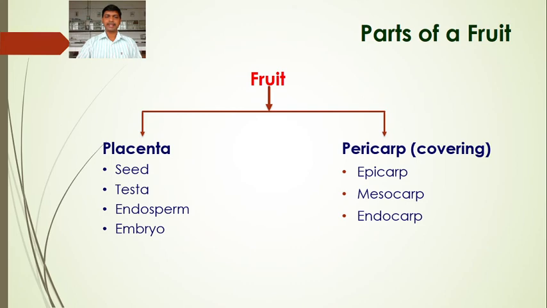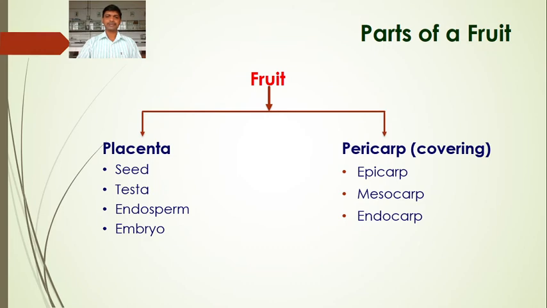The placenta bears the fertilized ovule, that is the seed. The seed has a covering called the testa. Inside the seed there is an endosperm, which is nutritive in function, and the embryo. The embryo is the future plant, because it possesses root and shoot initials, also called the radicle and plumule, that develop after seed germination.